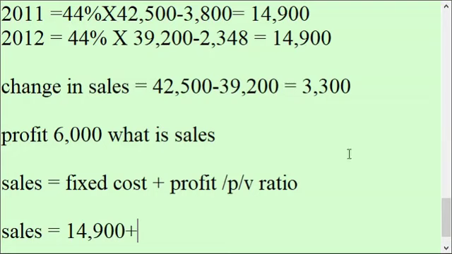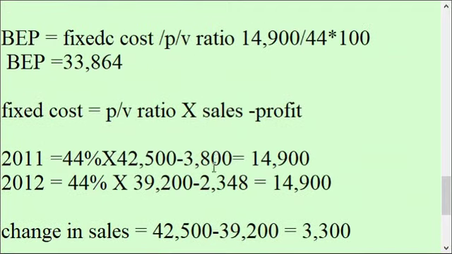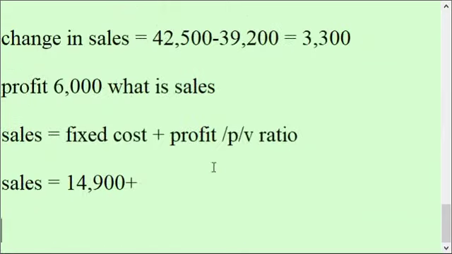For profit, PV ratio is 44%. Sorry, profit is 6,000, which they have given in the problem. Fixed cost is 14,900. Now we need to calculate sales: profit is 6,000 divided by PV ratio of 44%.